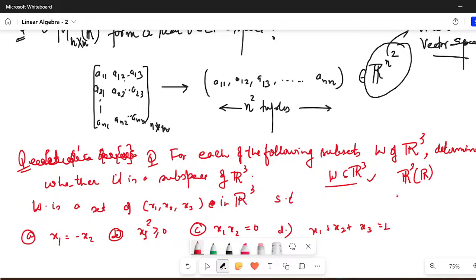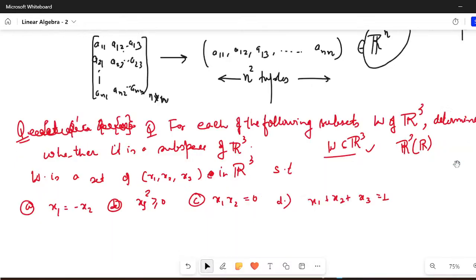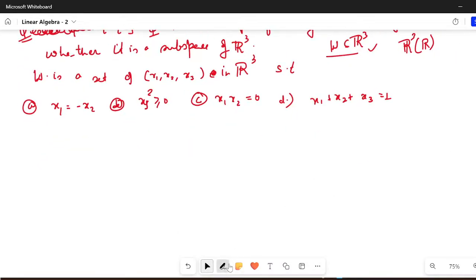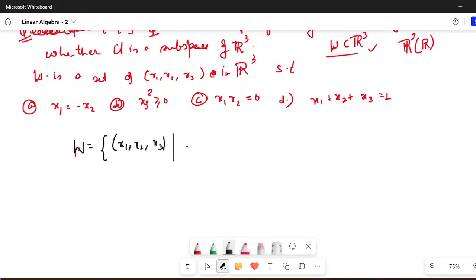So let us take the first case. The first case says we are talking of a subset W such that x1, x2, x3 all belong to R, and x1 is equal to minus x2.